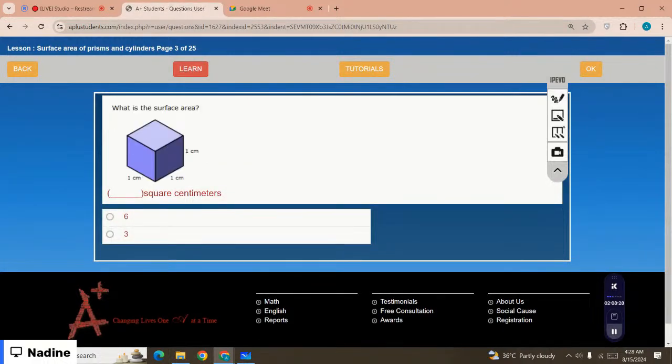Which is the correct option for the surface area? That is a cube. Calculate the area of one face and then multiply it by 6 because all the faces have exactly the same area.